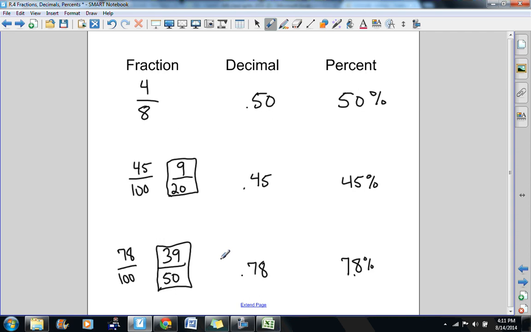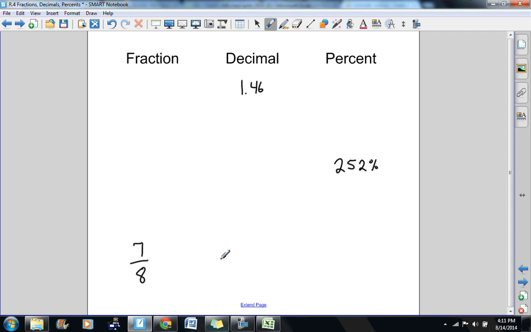Now, I'm going to show you some more complicated examples. So, for the top one, 1.46. The problem here is that our decimal is above 1. So our percentage is going to have to be above 100%. I still move the decimal 2 to the right, and I get 146%. Fractions, though, the process will be the same.